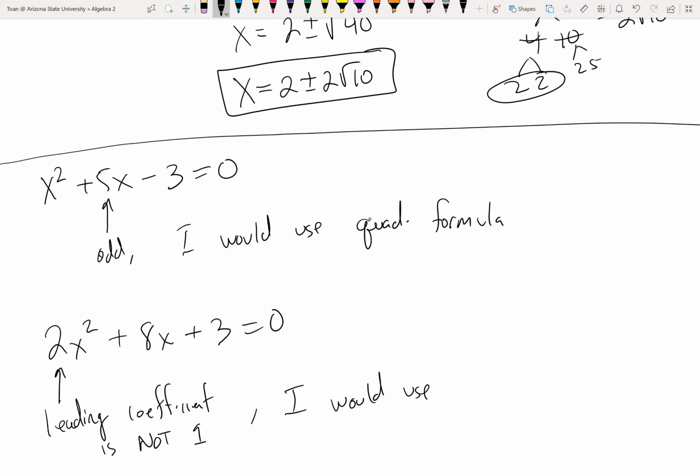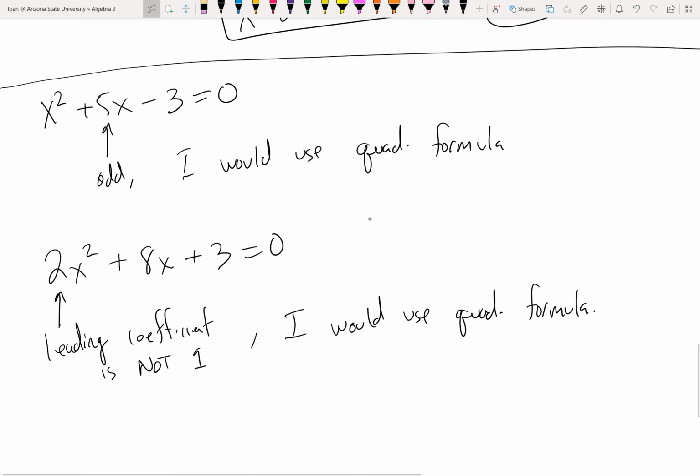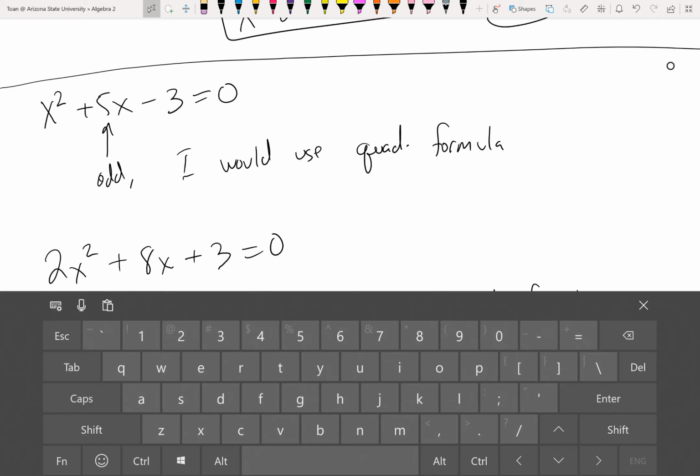I would use the quadratic formula. So those are just my hints to you. I would use completing the square if the leading coefficient is 1 and the middle term is even. If any of those cases aren't true, just go ahead and use the quadratic formula.